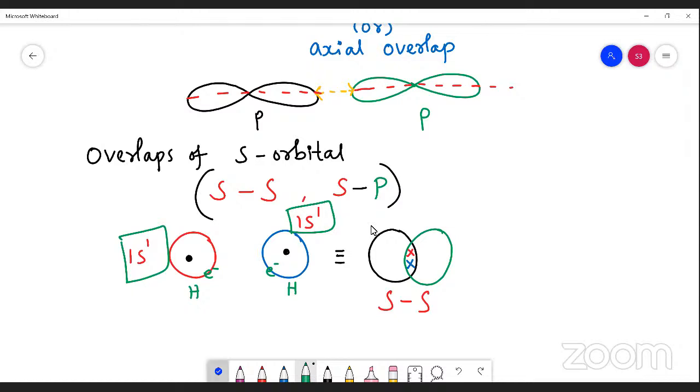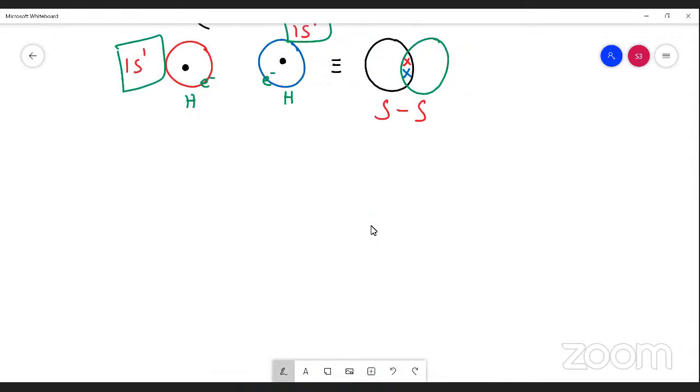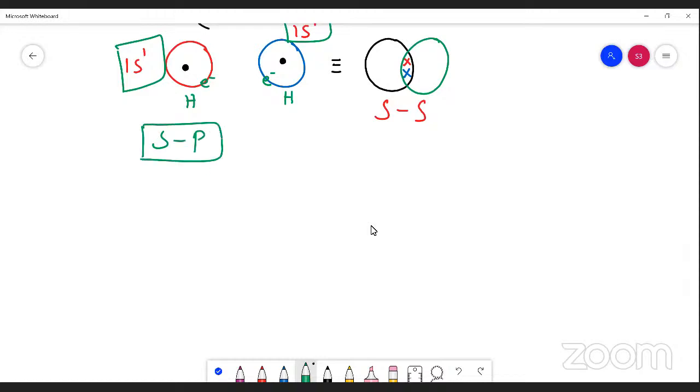In the same way, take the SP overlap. For the SP overlap, take the example of fluorine and hydrogen.